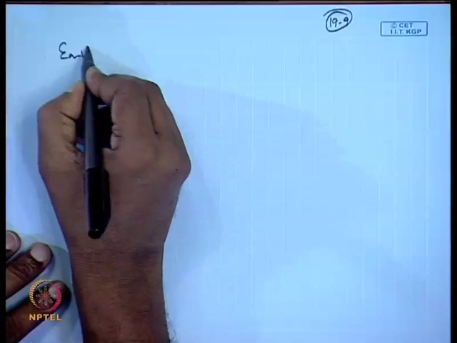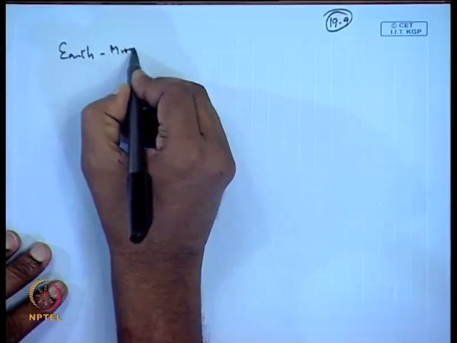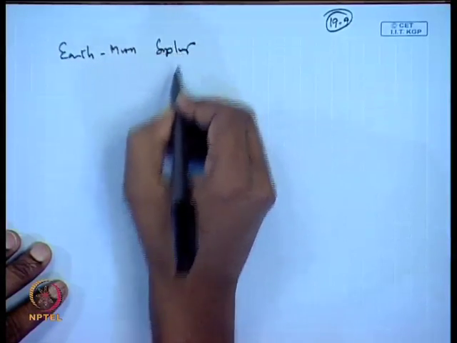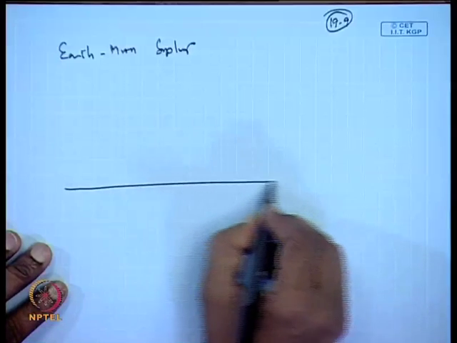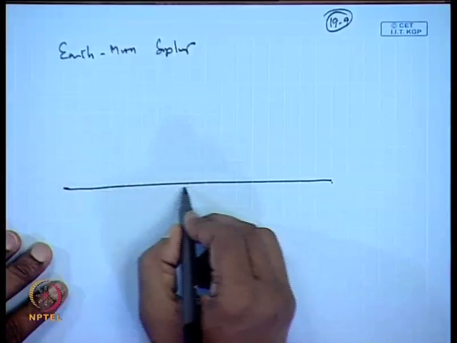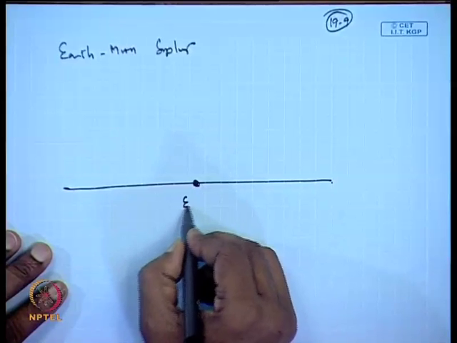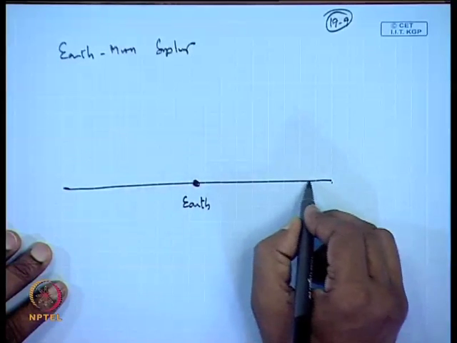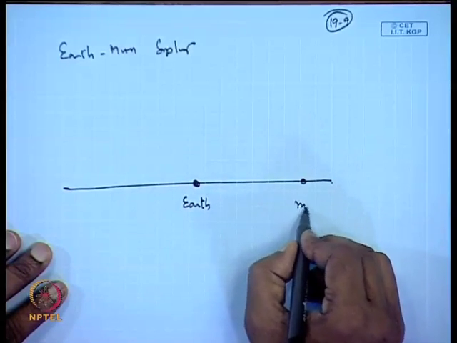Now, for the earth moon system, if we have earth here in this place and suppose the moon is present here in this place.